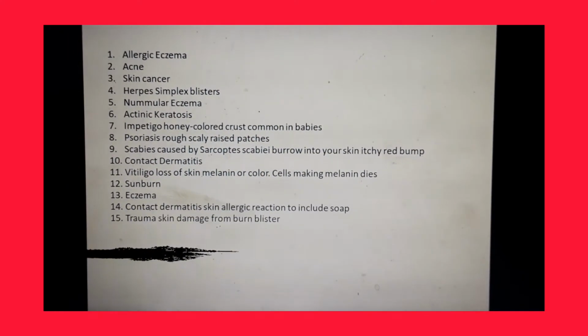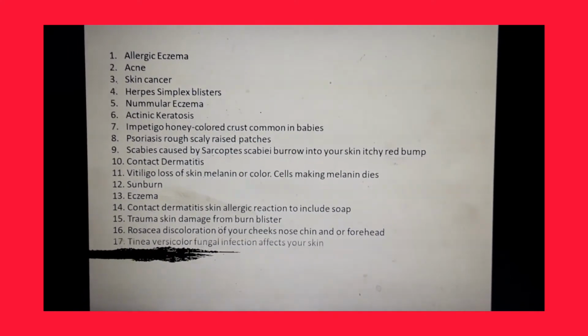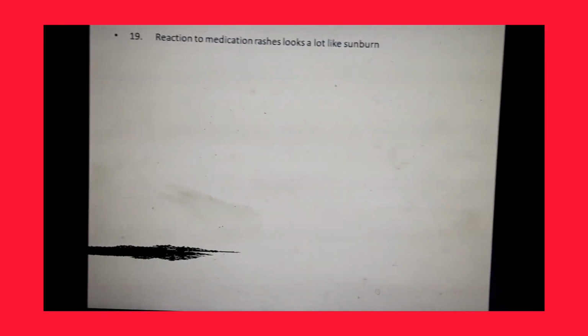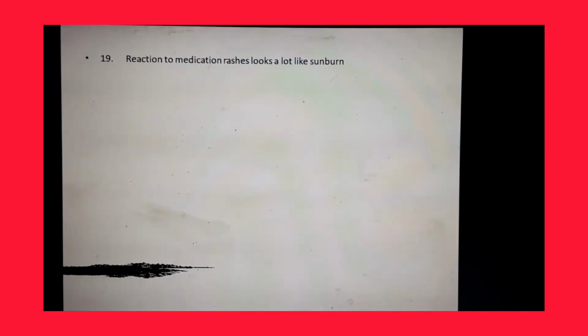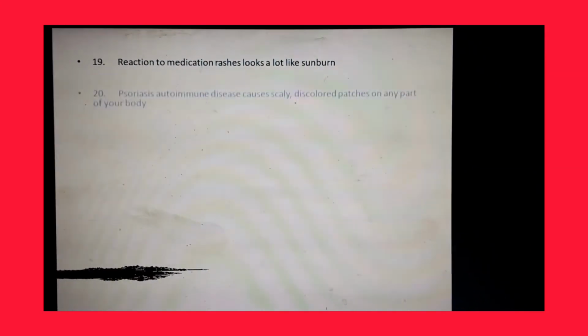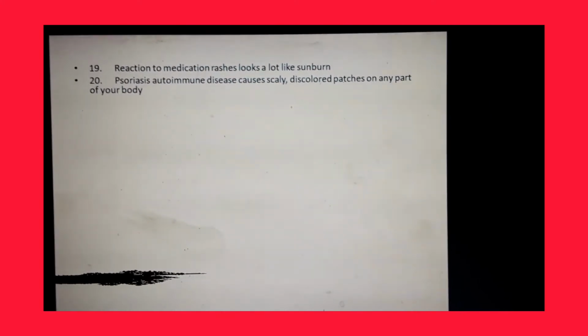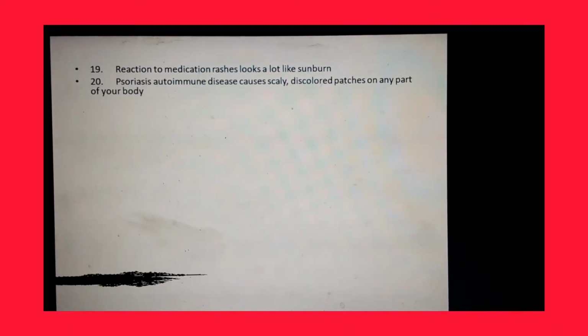That's when you see some patches of the skin appearing white, some areas appearing yellow. Then that continues on. We have the reaction to medication, rashes looking a lot like sunburns. You have sunburn appearance. You have autoimmune diseases causing scaly, discolored skin.